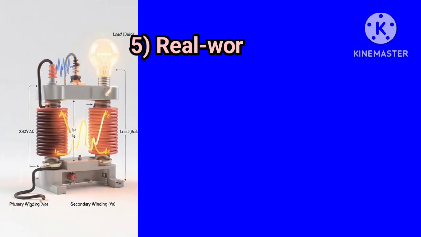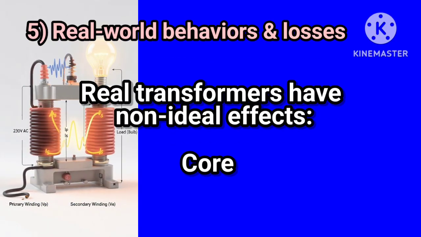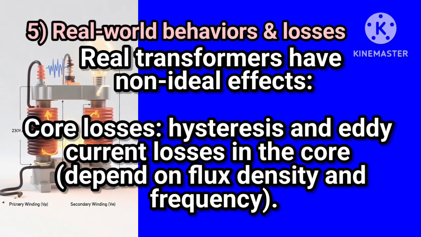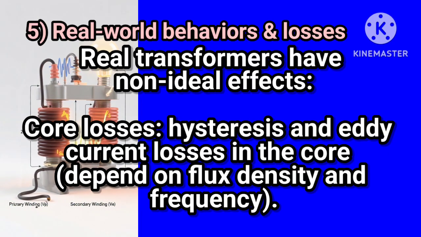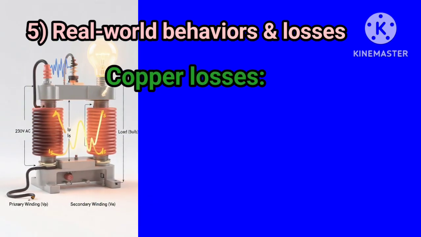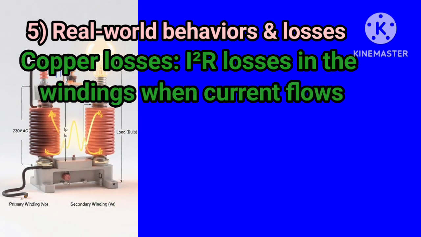5. Real-world behaviors and losses. Real transformers have non-ideal effects. Core losses: hysteresis and eddy current losses in the core depend on flux density and frequency. Copper losses, I²R, are losses in the windings when current flows.